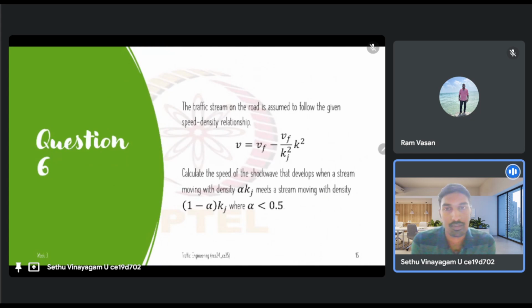So it is some alpha times kj, that is in the upstream direction, and 1 minus alpha times kj, that is the state in the downstream direction. So when these two states are meeting, a shock wave is developing, and we need to calculate the speed of this shock wave, right? So exactly the same procedure that we did, but with a different fundamental diagram. Okay, so again you can take 4 to 5 minutes, and then we can see what the answer is.